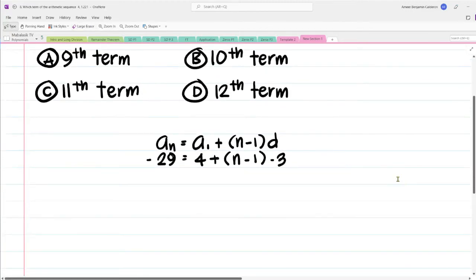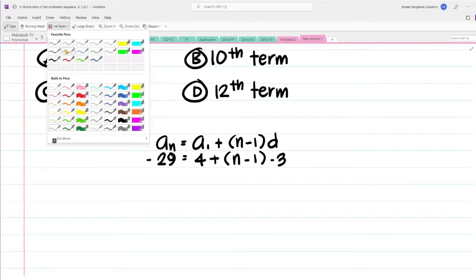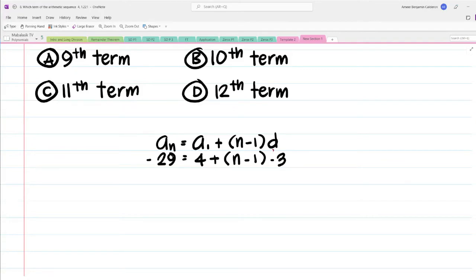So just the same in our previous problems, we distribute negative 3 to the terms inside the parenthesis. So we'll have negative 29 equals 4 plus, that's minus 3n plus 3. See, diba?